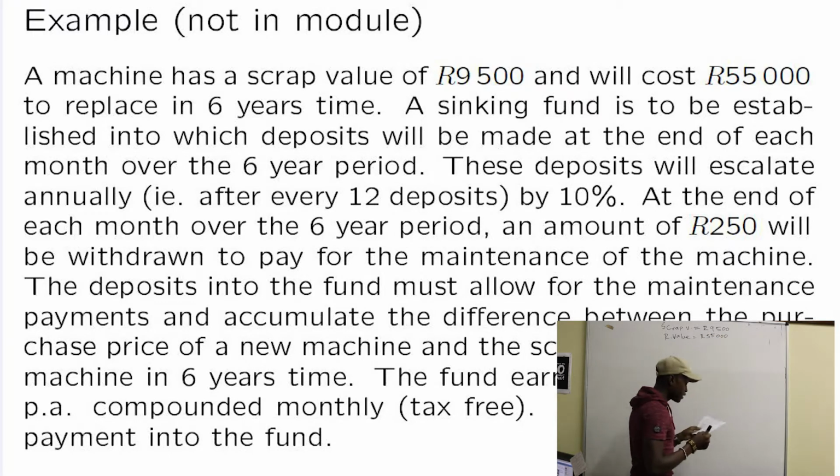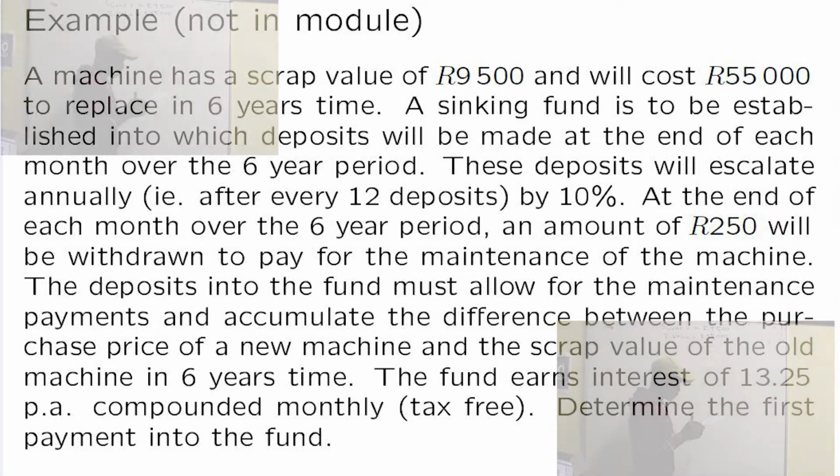A sinking fund is to be established into which deposits will be made at the end of each and every month for the 6-year period. This deposit will escalate annually, after every 12 months, by 10%. At the end of each month, over the 6-year period, an amount of 250 will be withdrawn to pay for the maintenance of the machine.